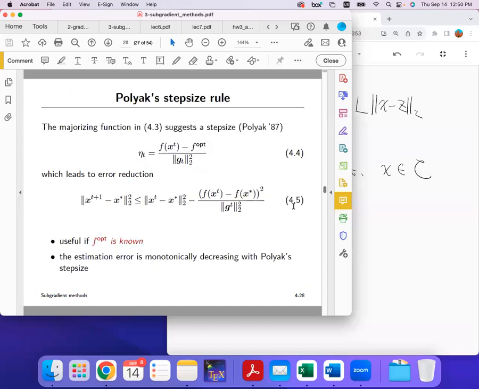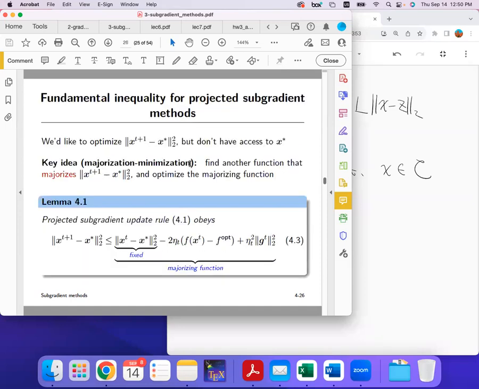So here we can first consider a very popular choice of step size, which is I set eta_t to be f(x_t) minus the minimum value, divided by the squared L2 norm of g_t.